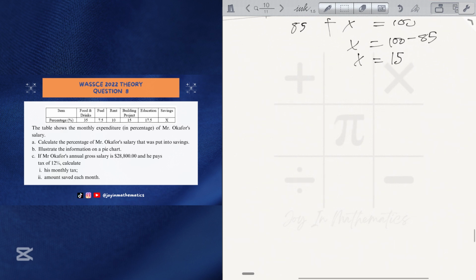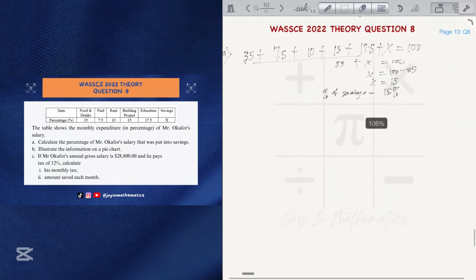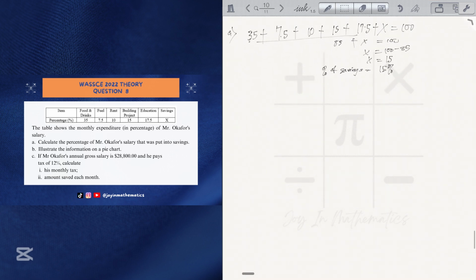So the percentage of savings is 15%. We have solved for A, and now let's solve for B. B is going to be a very interesting question to solve, and let's begin.